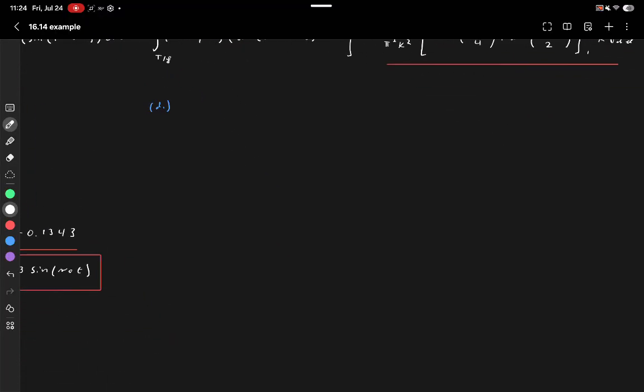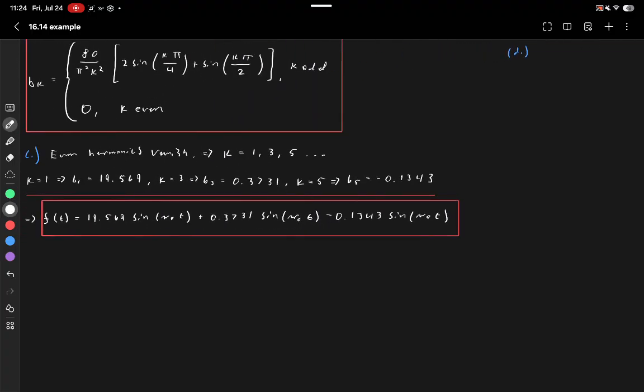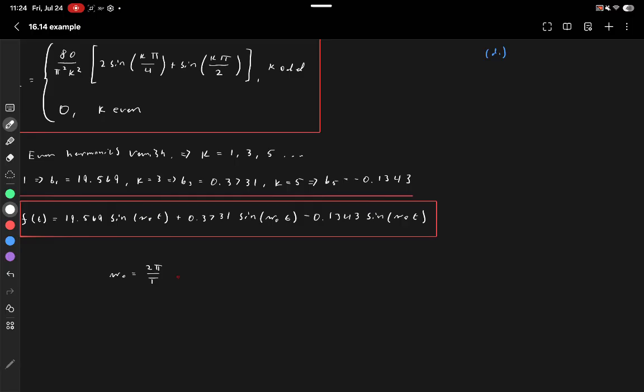Okay. Now, basically, we're going to be treating t as T over 4. And omega naught, we know what omega naught is. If we try to relate it with frequency and period, we would end up getting that omega naught is 2 pi over T. And then we're wanting to evaluate at omega naught t, which is T over 4.